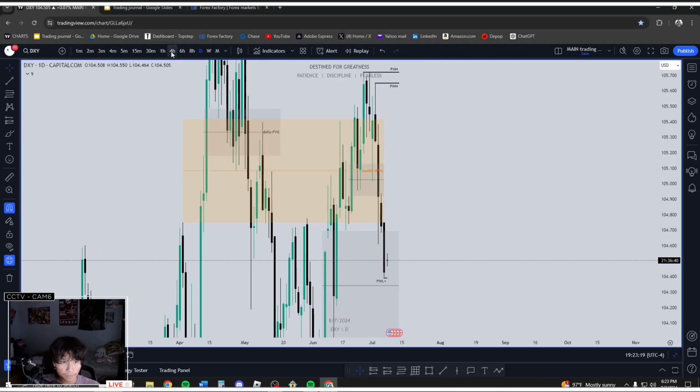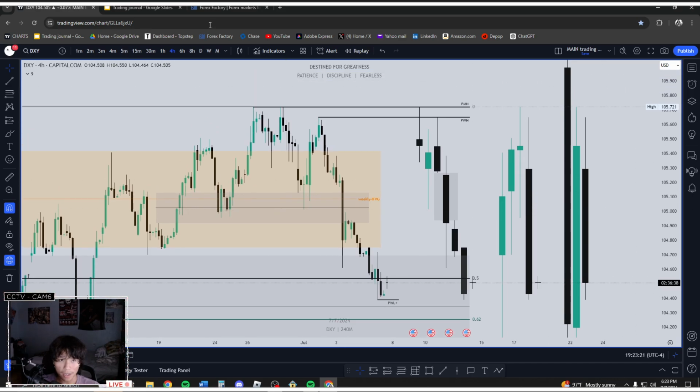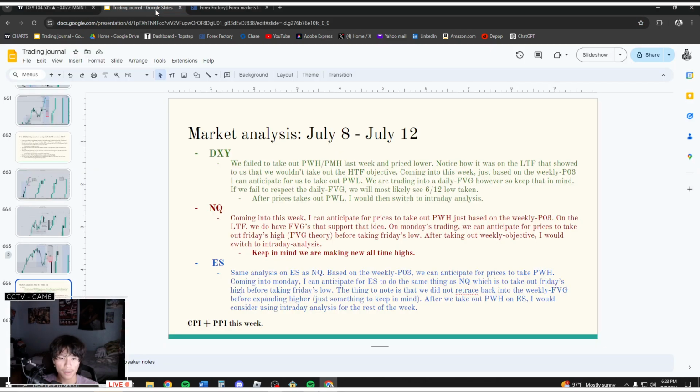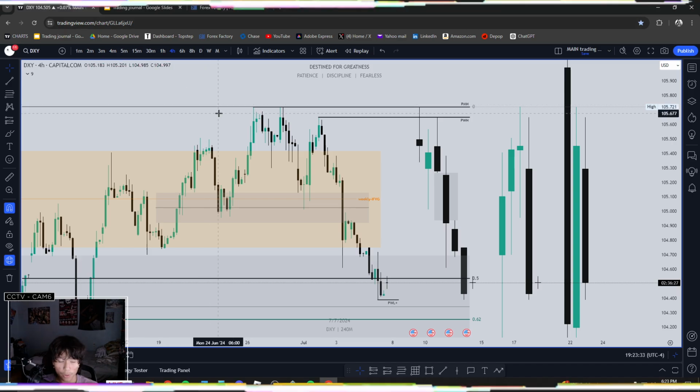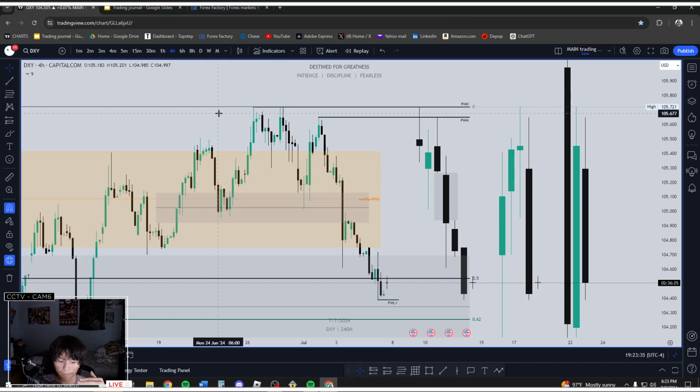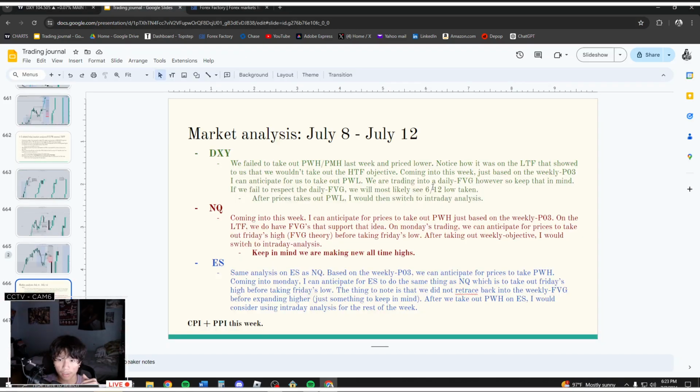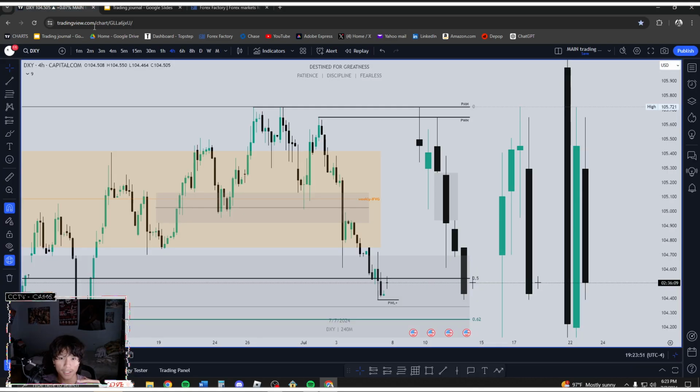So the first thing I do want to note is that I had this higher time frame objective last week, which was that previous month's high and previous week's high. But our analysis had to take a switch on the lower time frames. What I mean by this is that on the lower time frame, it showed to us that we wouldn't take out that higher time frame objective.